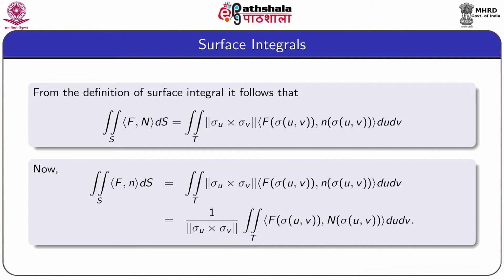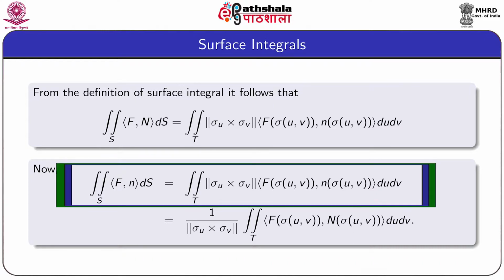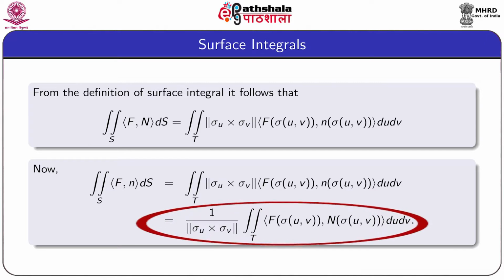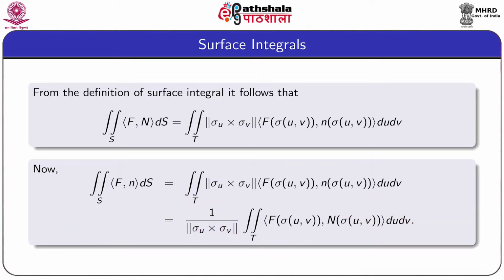Now, the surface integral of the inner product of F and small n over S equals the double integral over T of norm of sigma u cross sigma v times the inner product of F(sigma(u,v)) and small n(sigma(u,v)) du dv. So, this equals the double integral over T of the inner product of F(sigma(u,v)) and capital N(sigma(u,v)) du dv.